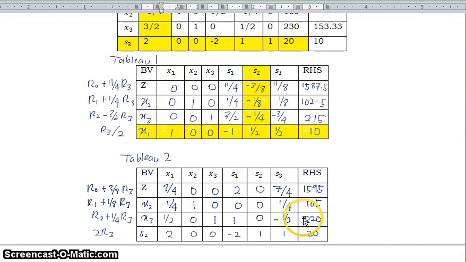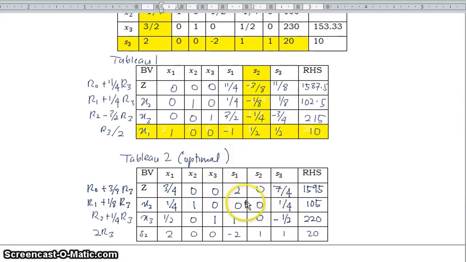Okay, now let's check the optimality condition of this tableau. Since the problem is to maximize Z, we need to make sure that all coefficients in row 0 are non-negative. Since there is no negative coefficient in row 0, therefore, tableau 2 is the optimal tableau.